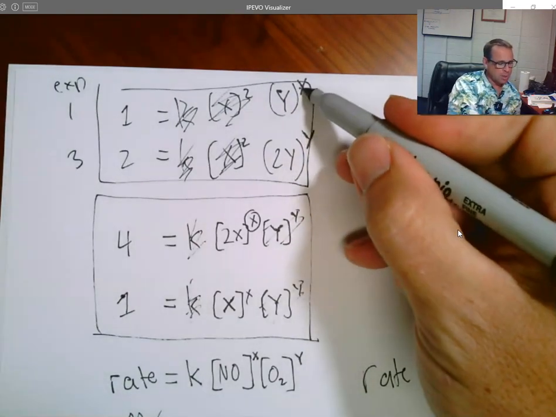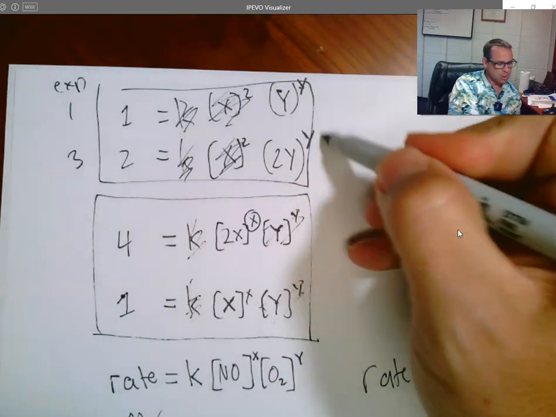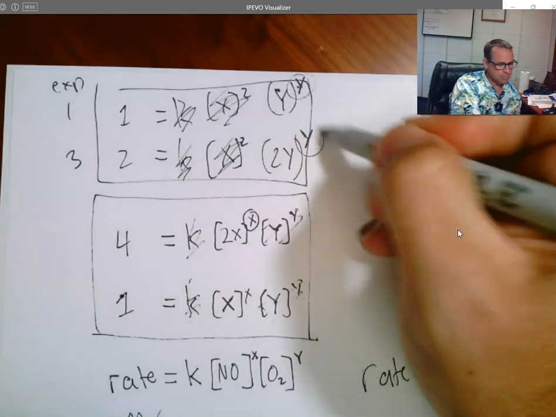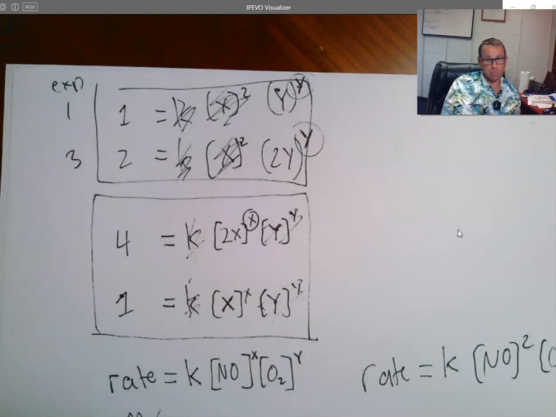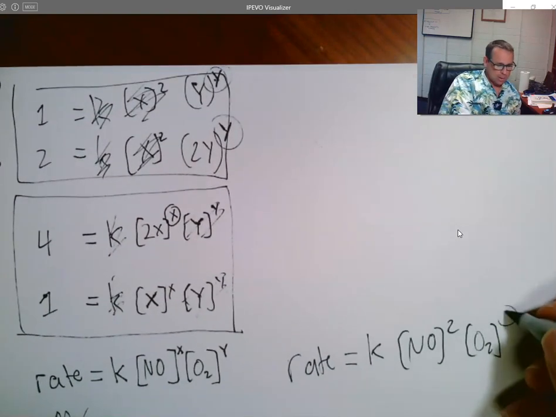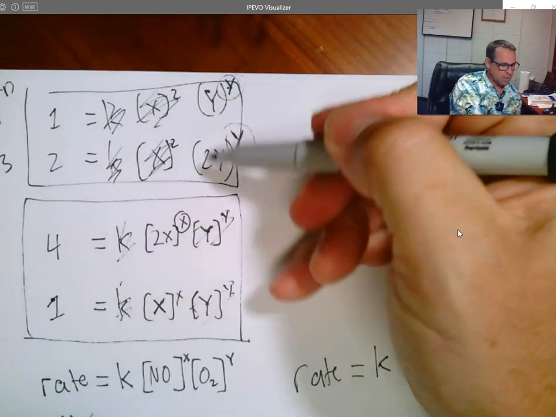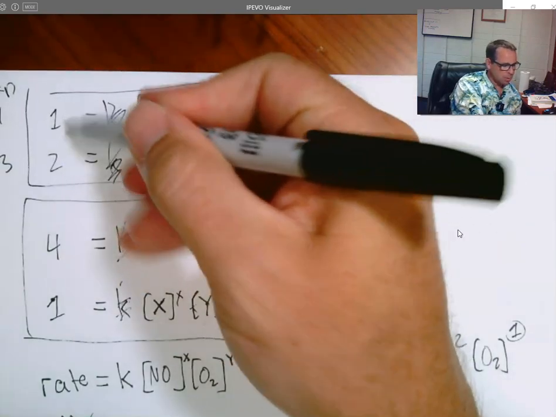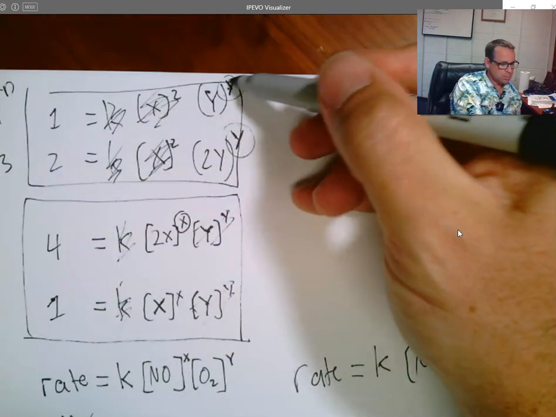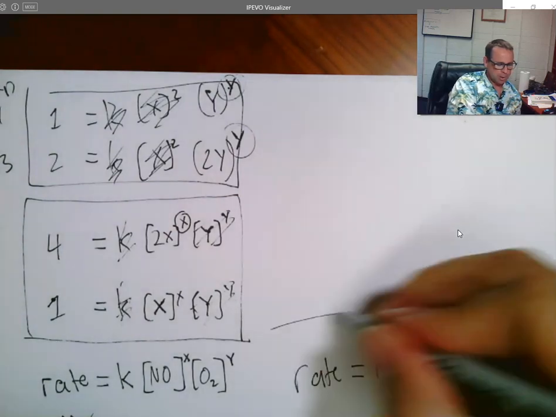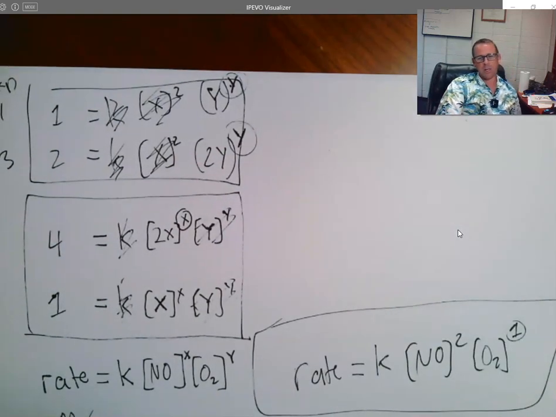But can we tell what the number is here? 1. It's 1. Very good. And the way we knew that is by doubling this, all we did was double the rate. So this must be equal to 1. So there is our rate law up to this point, right?